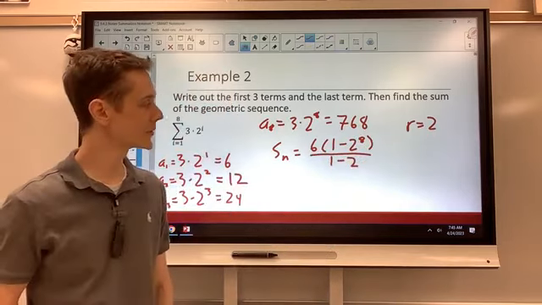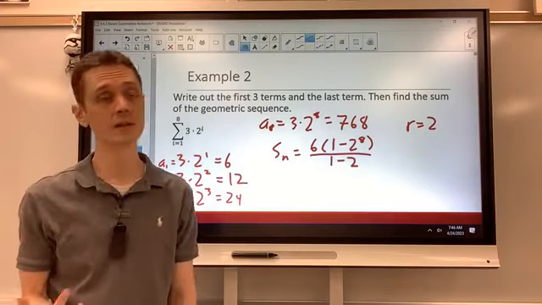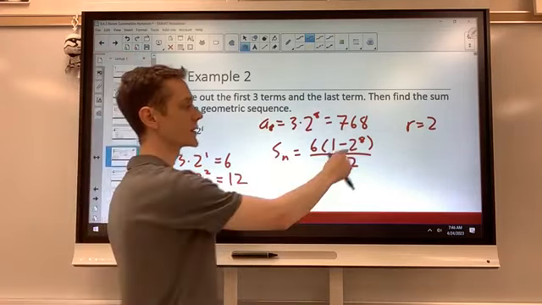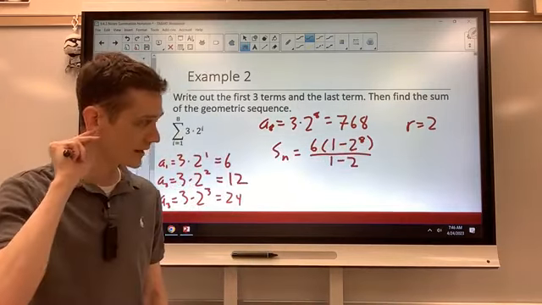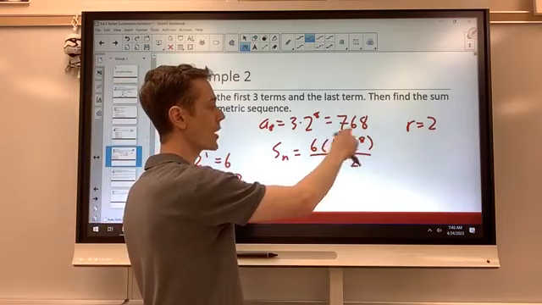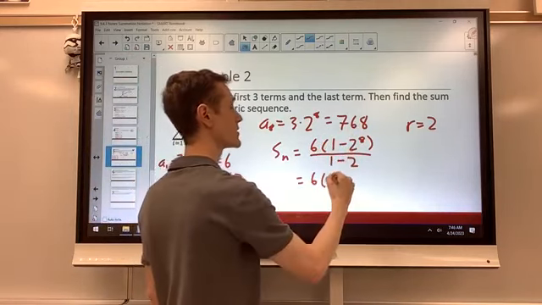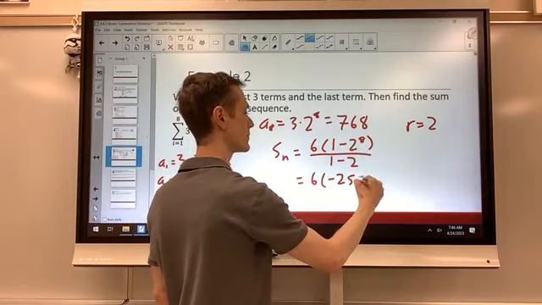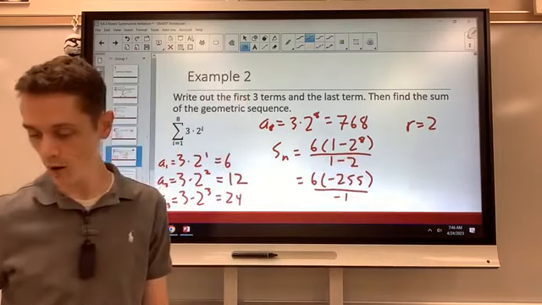Now again, a lot of times when you're dealing with series rules, you're going to want to rely on a calculator for this, and you need to be very careful about the order you apply the operations in. So I need to do the 2 to the 8th power part first, which again should give me the 256, and then I'm doing 1 minus 256. So what happens here is 1 minus 256 is negative 255, and on the bottom I have 1 minus 2 is negative 1.